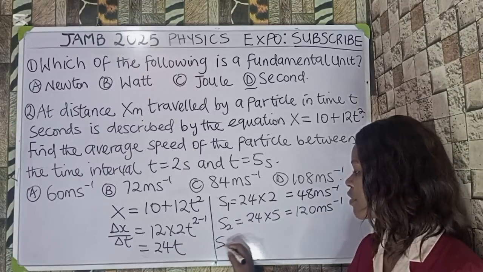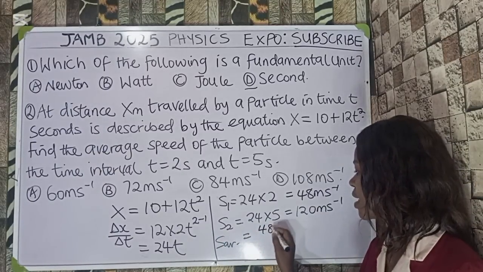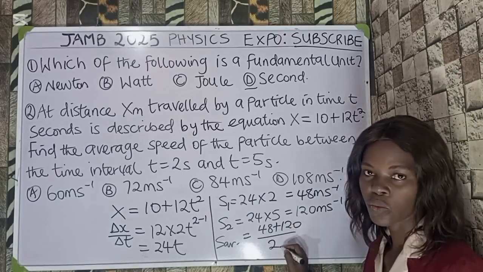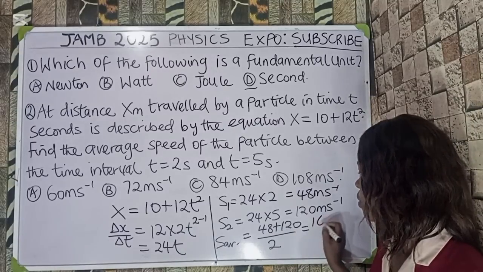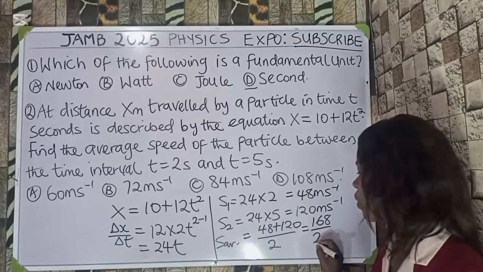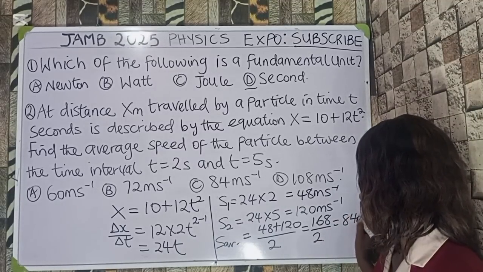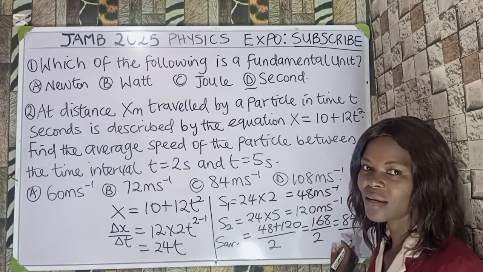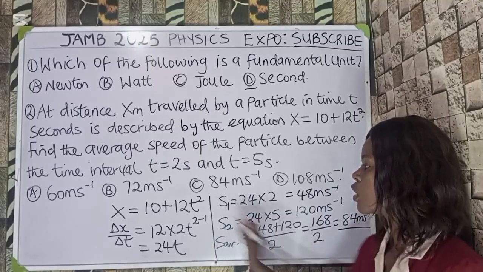So average speed is equal to 48 plus 120 divided by 2, right? When I add, I'm going to have 168 divided by 2, which is going to give me 84 meters per second, right? Now this is how to get the average speed in a question. And from what we've got, the correct option is option C.